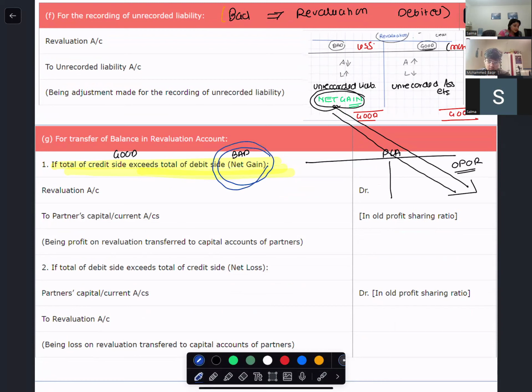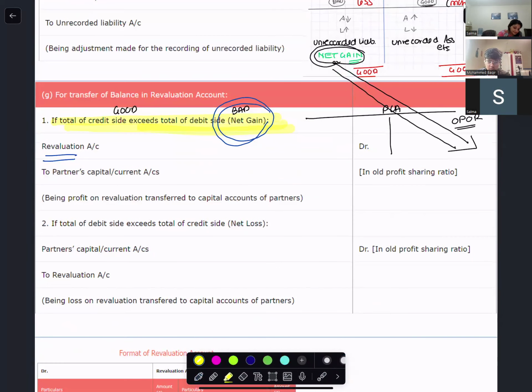In the net gain, the revaluation account will be debited and the partners' capital account will be credited. Are you with me?